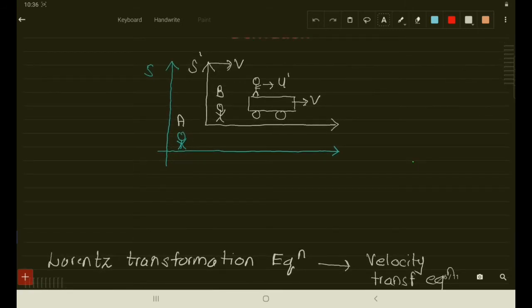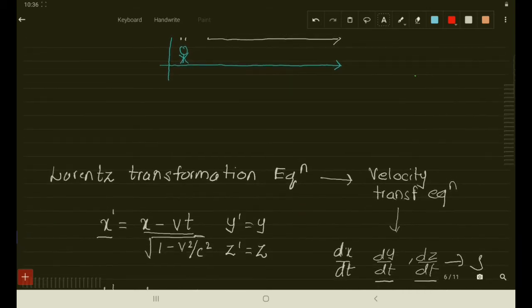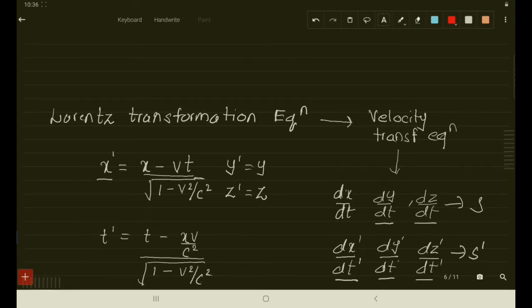For that we will take again the same example of a train moving with a velocity u dash in an S dash frame of reference, which is also moving with a velocity v, and there is a stationary frame of reference S. We will take two persons A and B in the respective frames of reference.